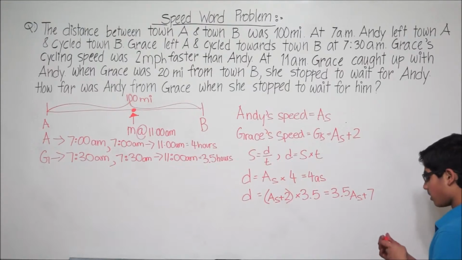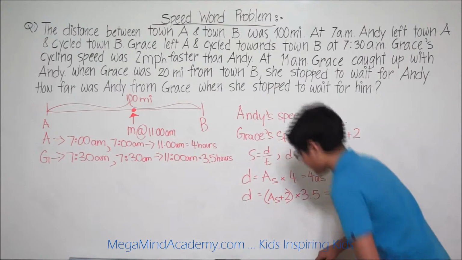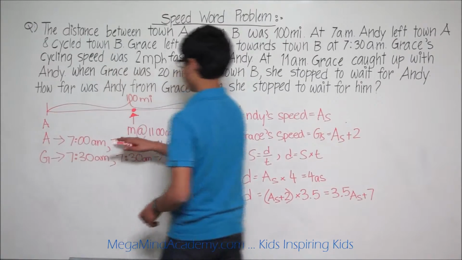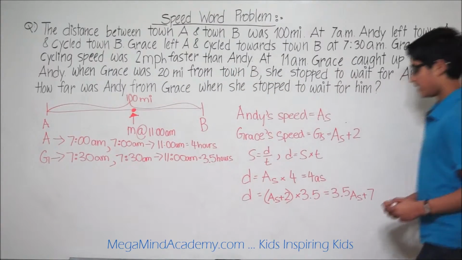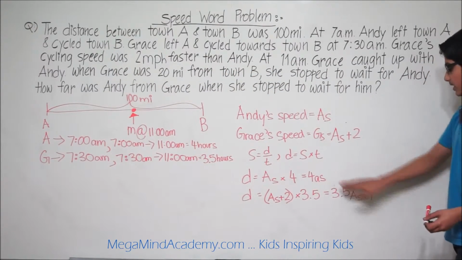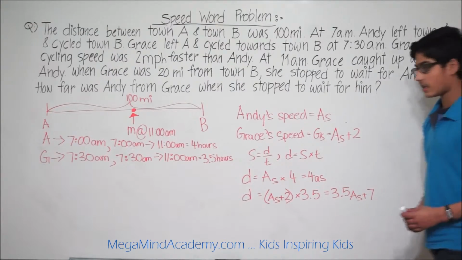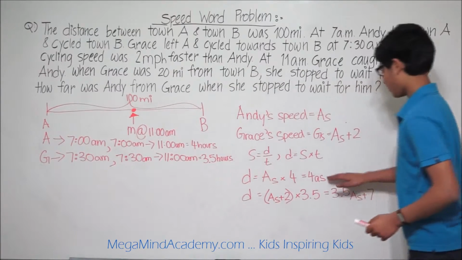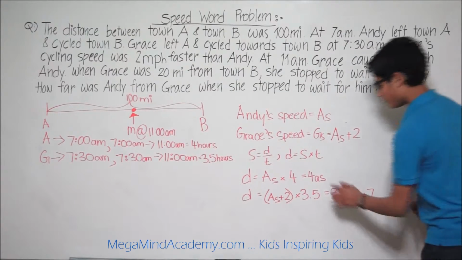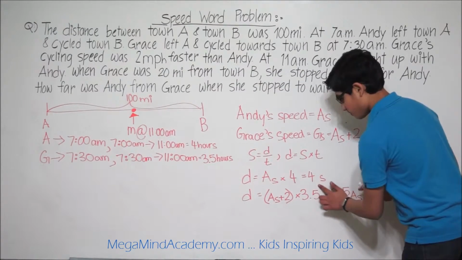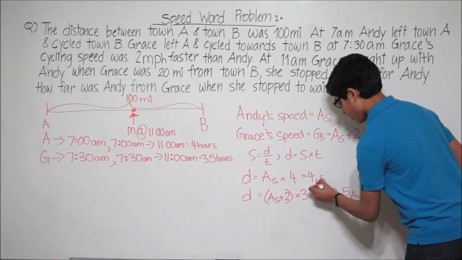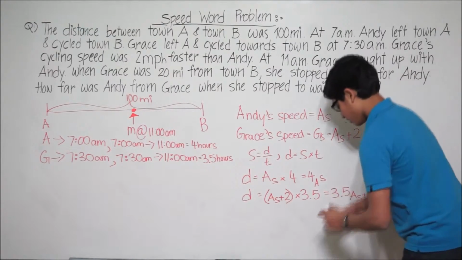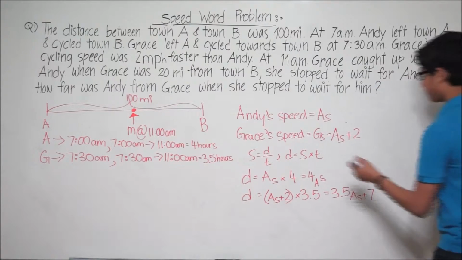Now, we know that the distance from town A to the place that they met is the same in both these equations. They traveled the same distance from town A to where they met in both these equations.